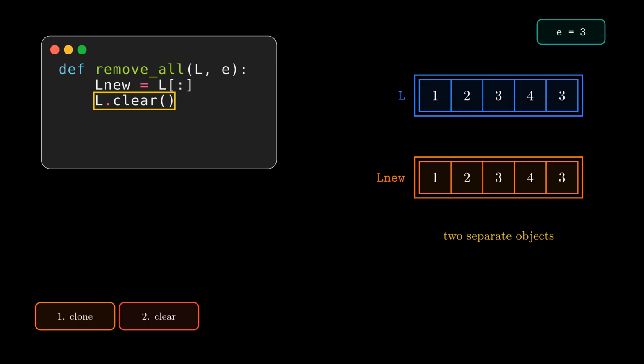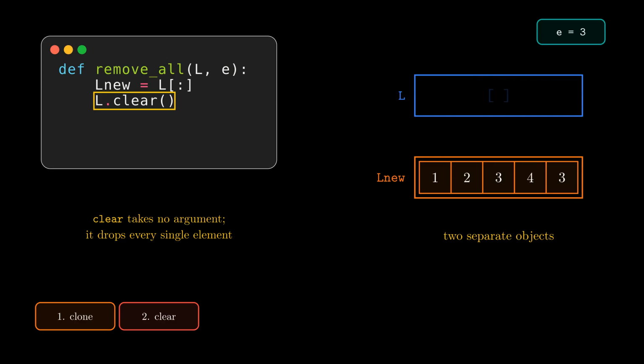Second line, L.clear with nothing inside the parentheses. Clear takes no argument. It simply empties L completely, dropping every single element. After that call, L becomes the empty list. The object still exists in memory at the same place, holding nothing at all. Watch the diagram. L_new still has all the data and L is now an empty box.